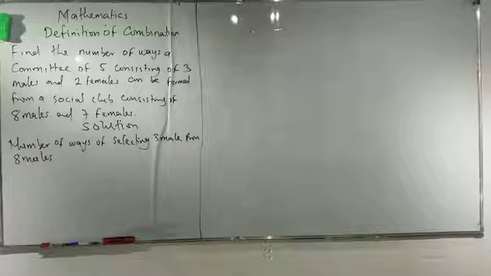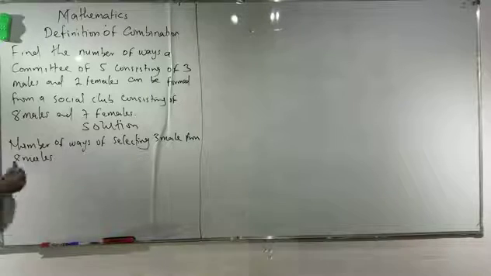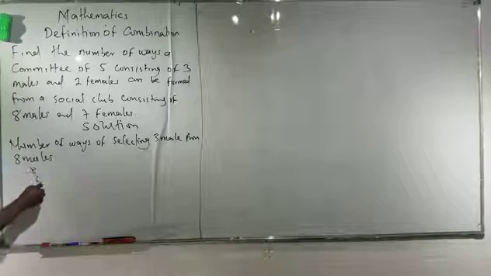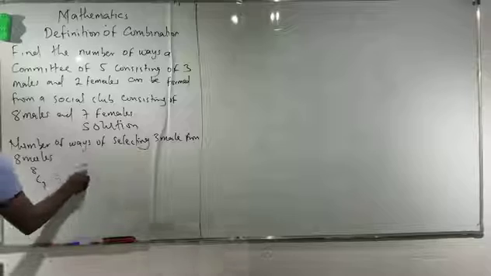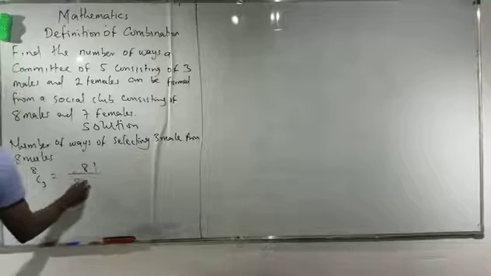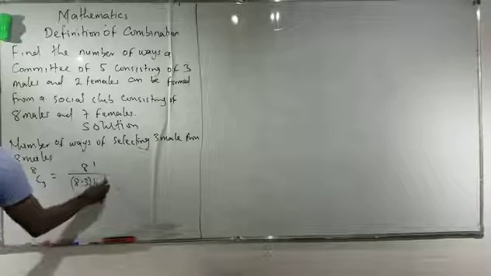Let's work on this first. Since it's a selection, it is 8 combine 3, which will be 8 factorial divided by (8 minus 3) factorial and 3 factorial.